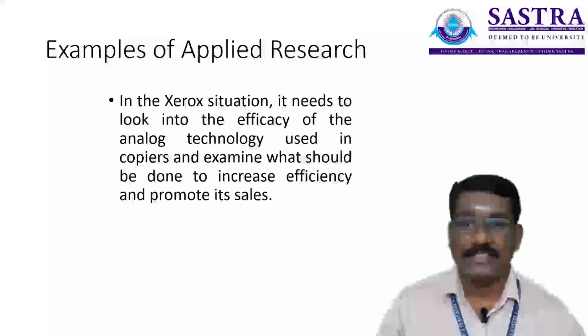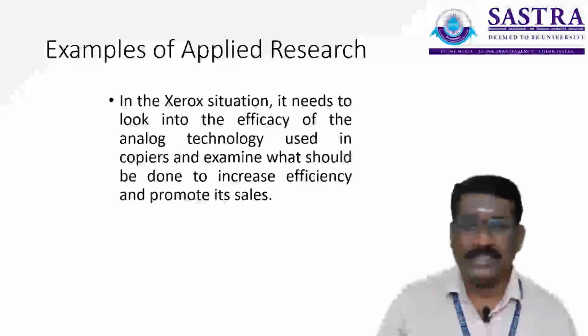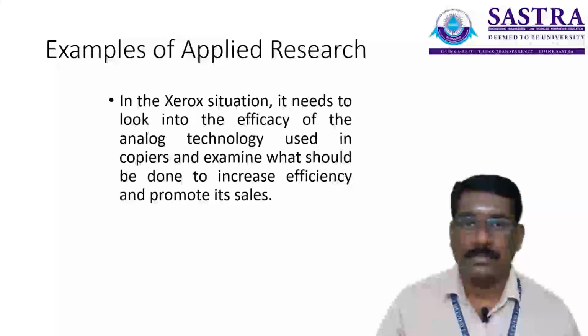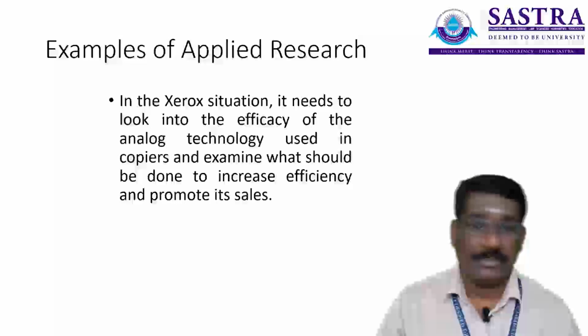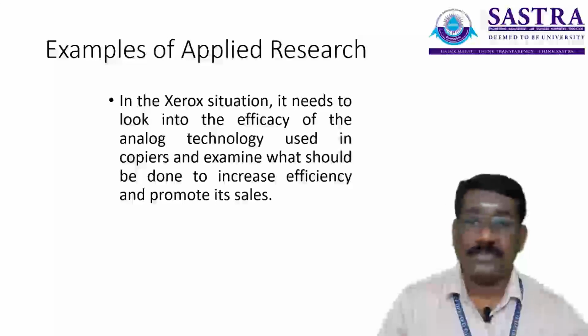So that's the context where there is scope for applied research. This is the problem for Xerox, and the R&D department has to take up this problem area and find out the solution for this particular problem. If that is the case, then it is a kind of applied research.